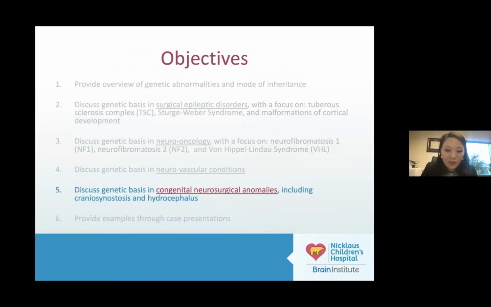And then lastly, I want to talk a little bit about the genetic basis of some common congenital neurologic anomalies, and they include craniosynostosis, hydrocephalus, lissencephaly, and holoprosencephaly.